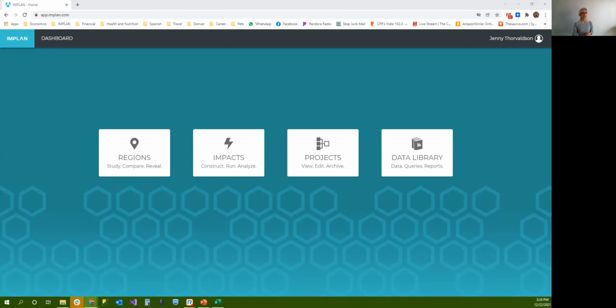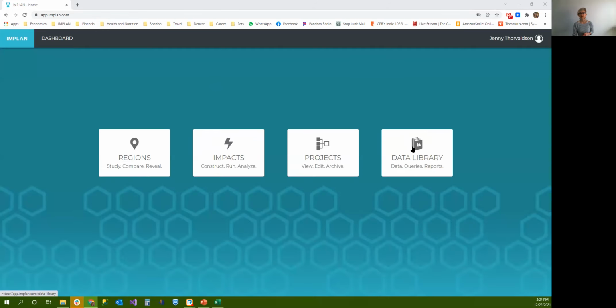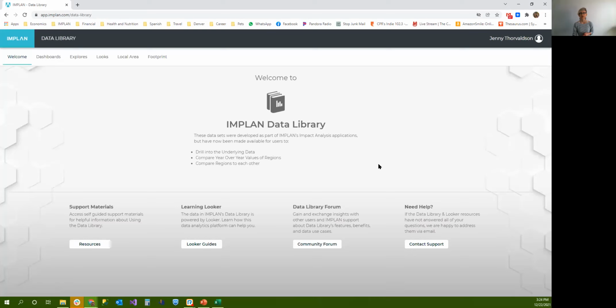But I do want to just point out to you that in the data library, we also have a dashboard for taxes. And in here, I guess I'll just do it from scratch for you guys. I had one set up for California, but it didn't stick. So I click on data library. I'll go to dashboards. We have a lot of pre-built ones.